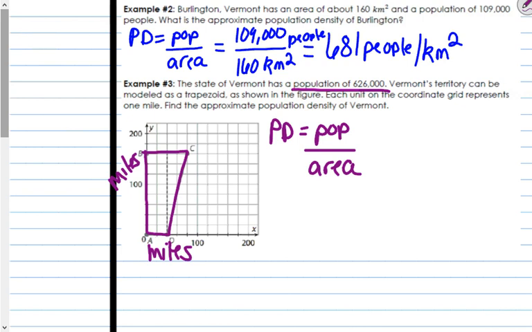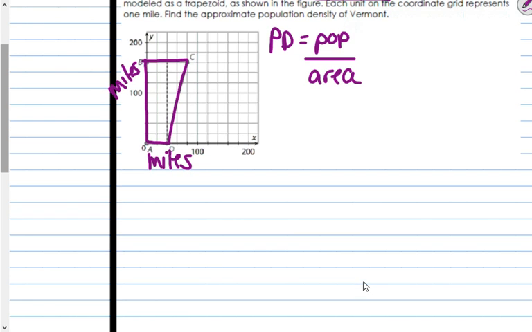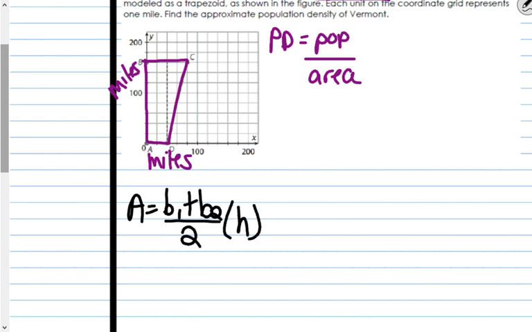Well, I do not know the area of Vermont, but I can find it using the area of a trapezoid formula. The formula for area of a trapezoid is base 1 plus base 2 divided by 2 times the height. Okay? So the upper base of the trapezoid is 20, 40, 60, 80 miles.